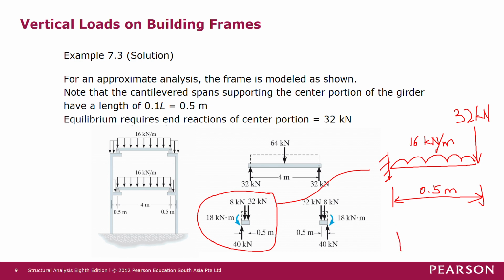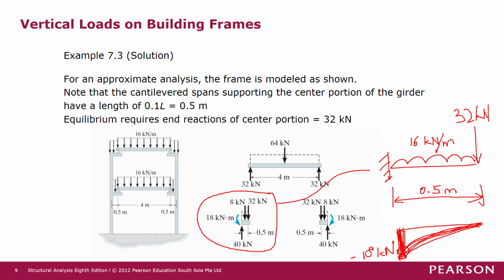So if we plot the bending moment diagram, we are going to get a bending moment diagram like this. Okay, so this part is considered a negative moment in the cantilever beam. Okay, so in this case, this is negative 18 kilonewton meter.